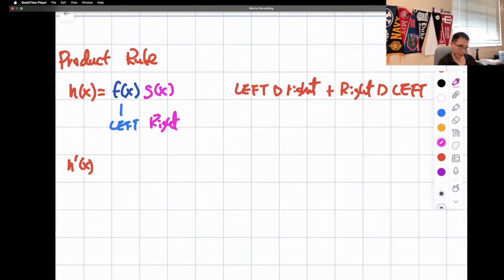So what I'm going to do is take this, that's going to be left, which is the blue, d right, which is g prime of x, plus, actually, g of x times f prime of x.